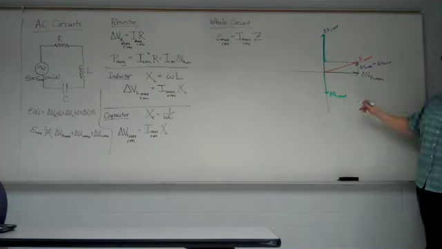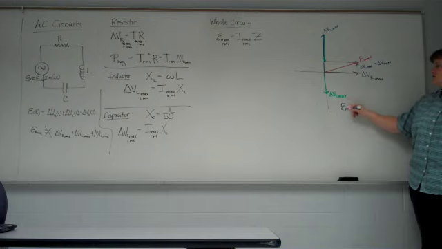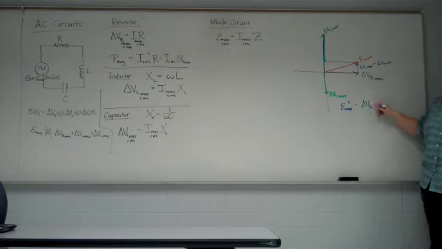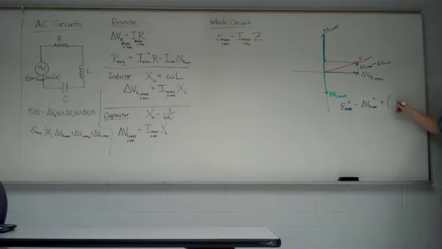So using the Pythagorean theorem, Emax squared will be equal to delta VR max squared, the one side squared, plus the other side squared, which is delta VL max minus delta VC max quantity squared. That's the relationship between all the maximum values.